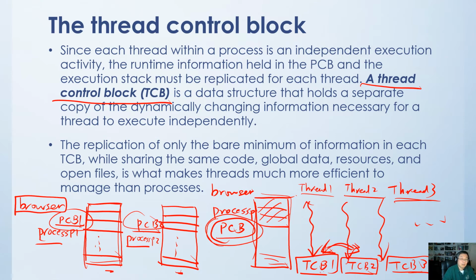Different threads run on their own. The only thing is that different threads are running the same application, the same code. So technically, a thread is like a process. Each thread is like a process, but it's not the whole process.